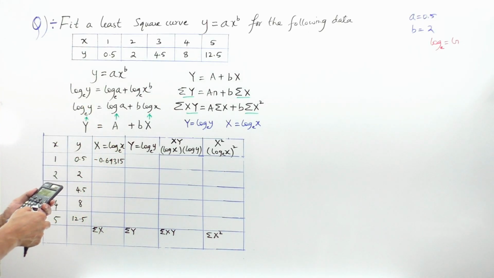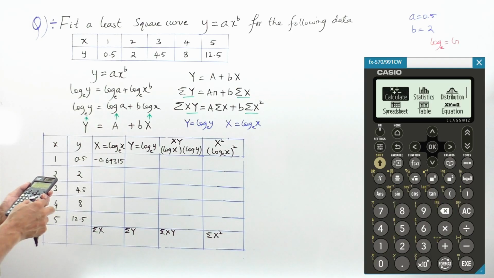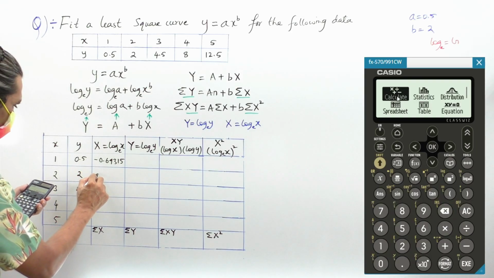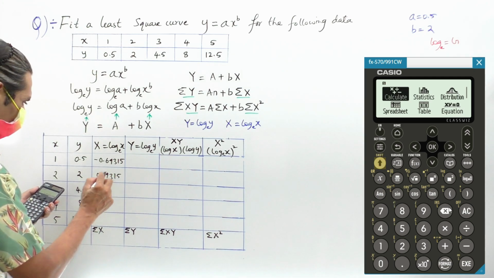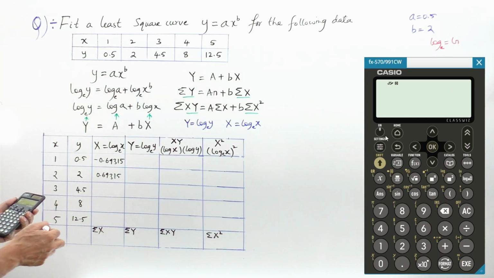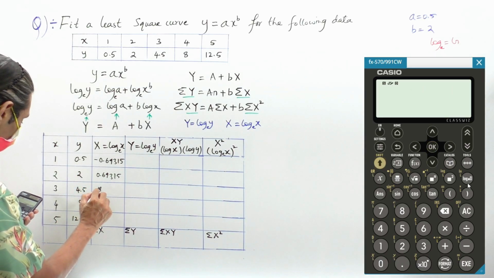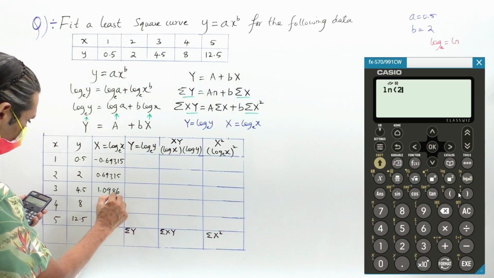Okay. Next, similarly, shift again ln of x. We are finding all the x values. ln of 2 is equal to 0.693 again. Then again ln of 3 is equal to 1.0986.